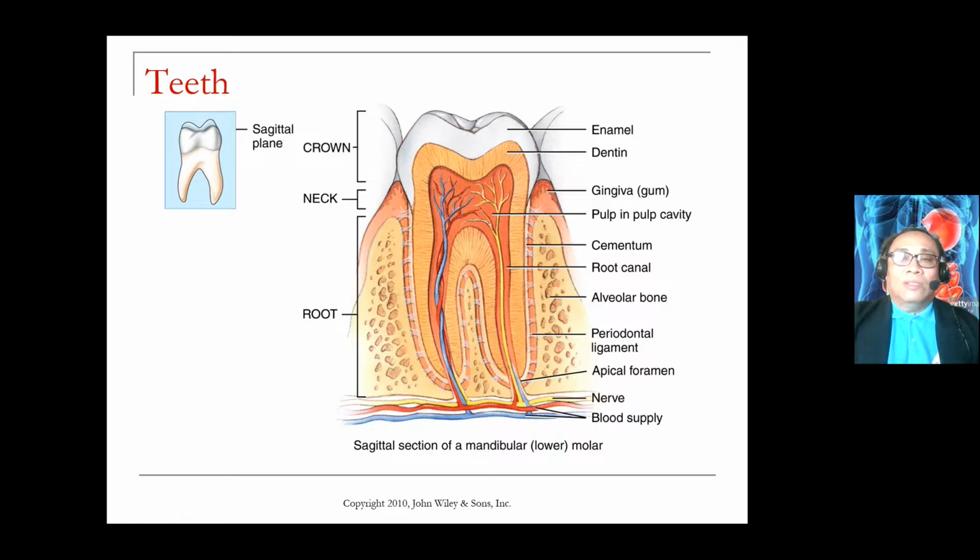And the crown is actually protected by the hardest substance in the human body called enamel. Ang enamel actually would be the most likely victim of dental caries or commonly called tooth decay.